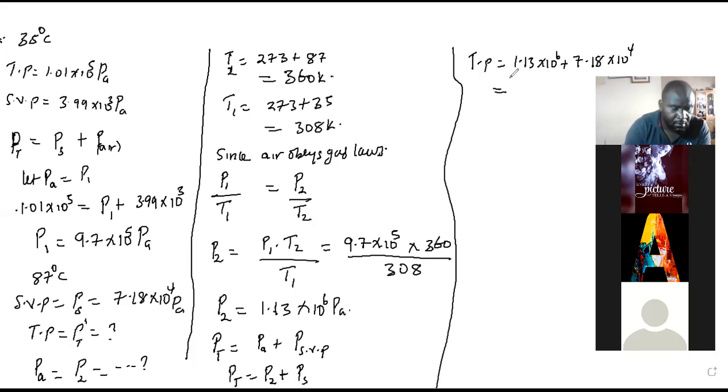1.20 exponent 6. Wait, what did you get for this one? Was it exponent 6 or exponent 5? Guys, press the calculator correctly. Oh, no. The first pressure, was it the P1? Was it power 5, power 4?